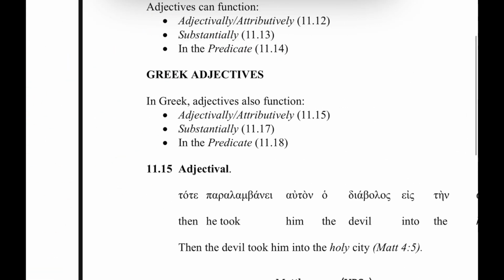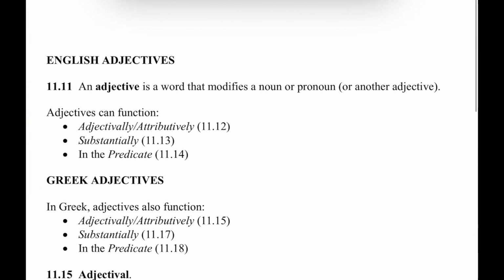All right, picking back up with the English adjective. An adjective in English is a word that modifies a noun or a pronoun, or it can modify another adjective. There are three functions of the adjective in English. An adjective can either function adjectively, which is also called attributively. It's attributing something to something else, so it's giving an attribute.